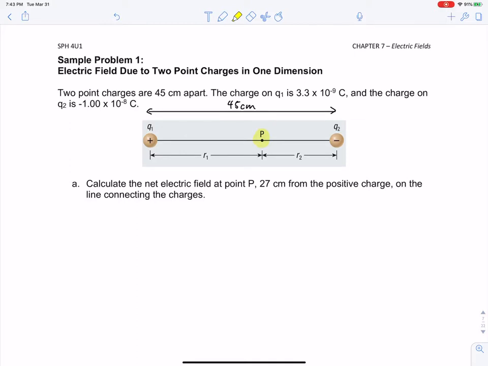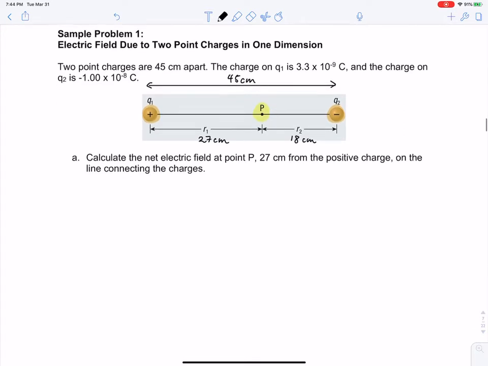So we have one positive charge, Q1, and one negative charge, Q2, and we place P 27 centimeters from Q1. That leaves this distance, R2, as 18 centimeters. What we want to do is calculate the field for charge number 1.